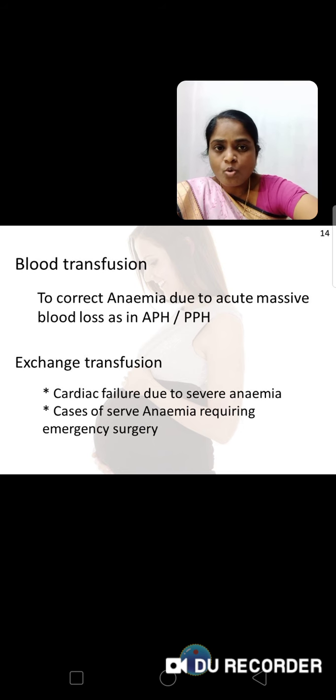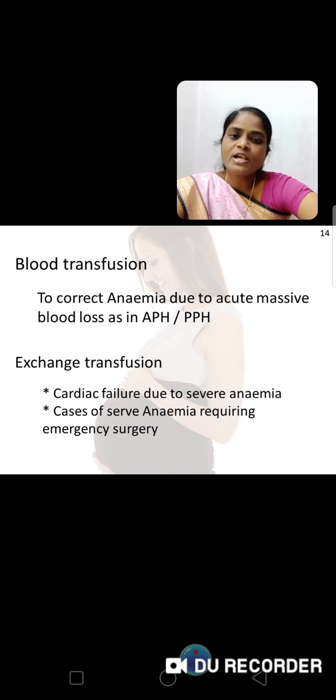Even more, we as community nurses have to concentrate on the home visit itself, for those who are of reproductive age and planning for pregnancy, so we can administer folic acid and iron tablets. And we can give health education on the balanced diet, like that we can prevent the anemia.